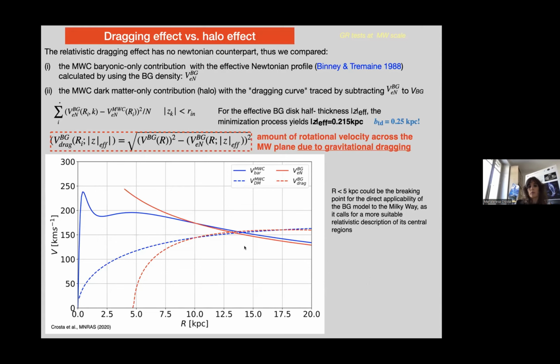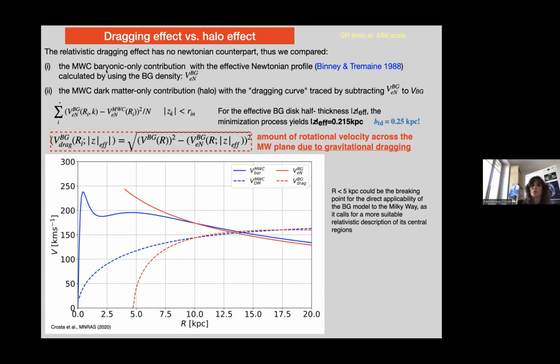And we performed one more test in order to see if the gravitational dragging is really working or not. Since the Balasin-Grumiller velocity profile does not discriminate the baryonic gravitational contribution, we had to calculate the Milky Way classical baryonic contribution with the effective Newtonian profile, which is defined in classical texts about galaxies by Binney and Tremaine.